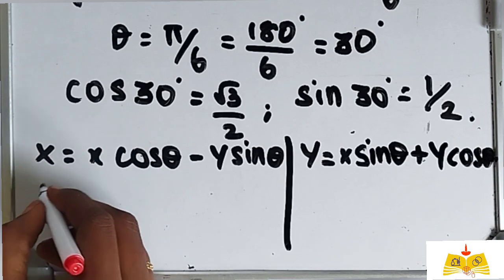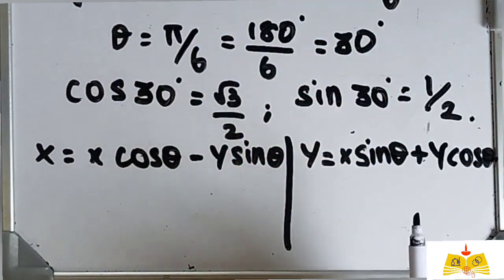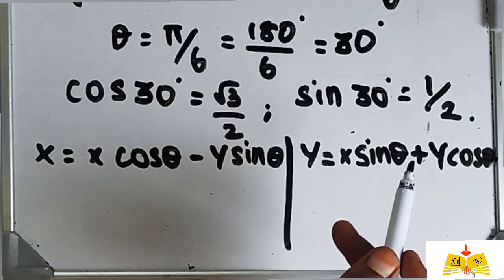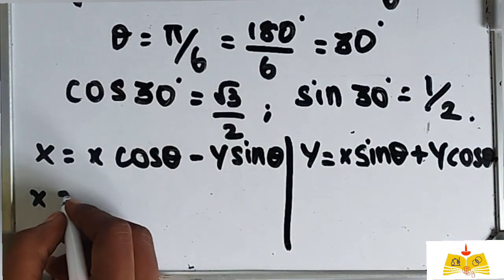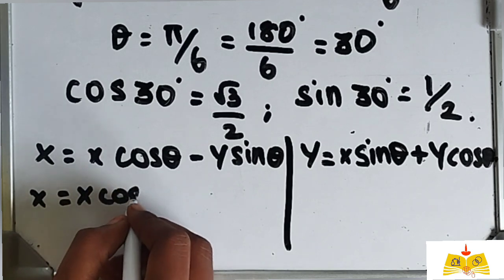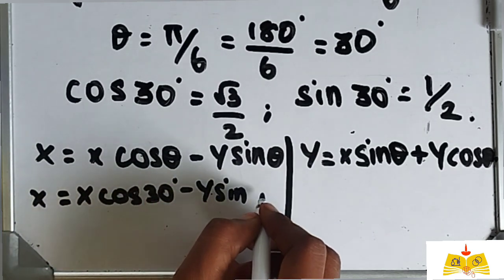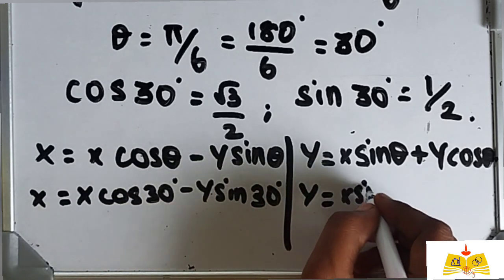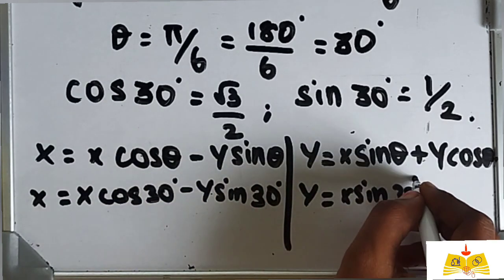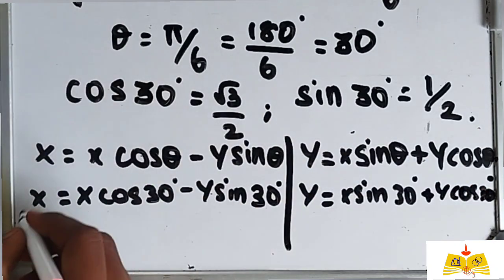Here the angle of rotation is pi by 6, so in degrees it is 30 degrees. We can write x equals x cos 30 degrees minus y sin 30 degrees. Similarly, y equals x sin 30 degrees plus y cos 30 degrees.